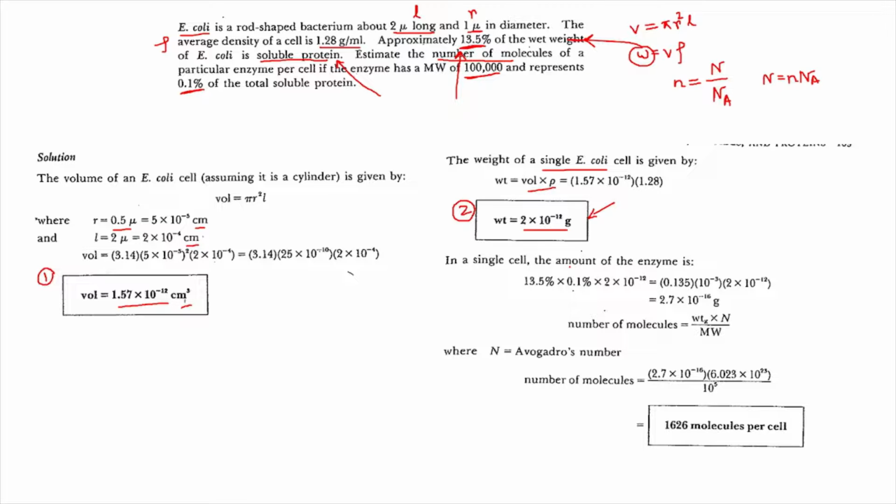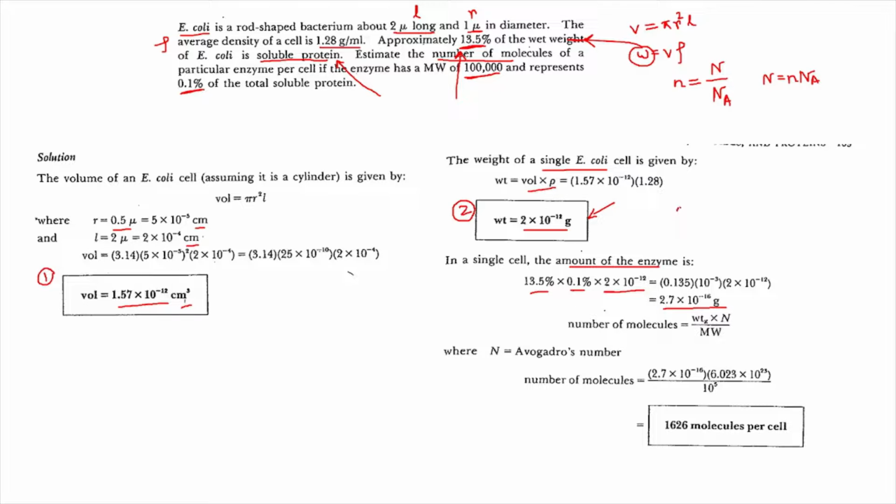So if you calculate the amount of enzyme, it means 13.5% × 0.1% × 2 × 10 to the power minus 12. So this comes to be 2.7 × 10 to the power of minus 16 grams. So this is the amount of the enzyme. I will make it simpler.